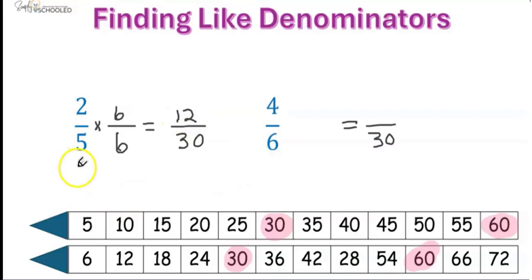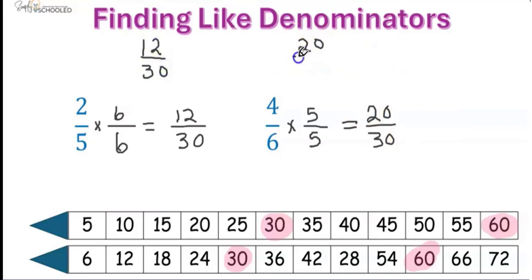Now I know that 2/5 equals 12/30. Now, for 4/6, I can see that 6, 12, 18, 24, 30. We multiply 6 times 5 to get 30. So we multiply the numerator by 5, and we get 20. So now our new fractions are 12 over 30 and 20 over 30. They are equivalent fractions from what we started with, but now they have like denominators.